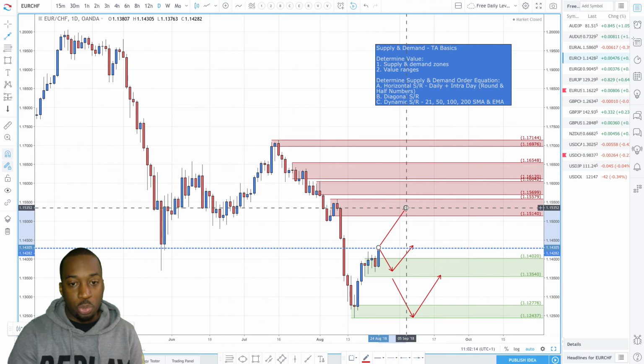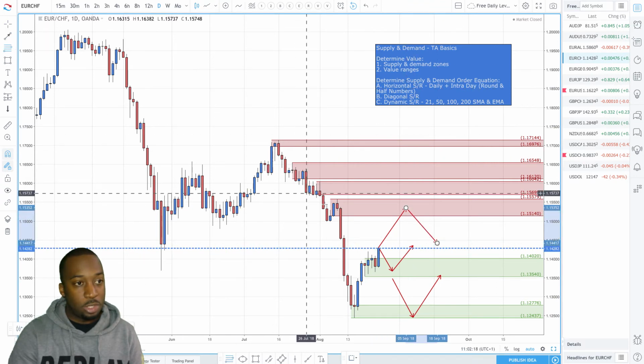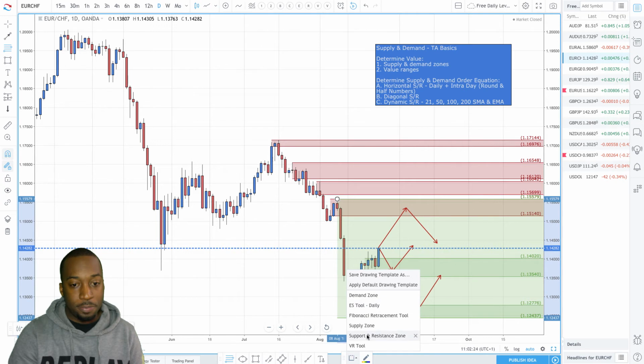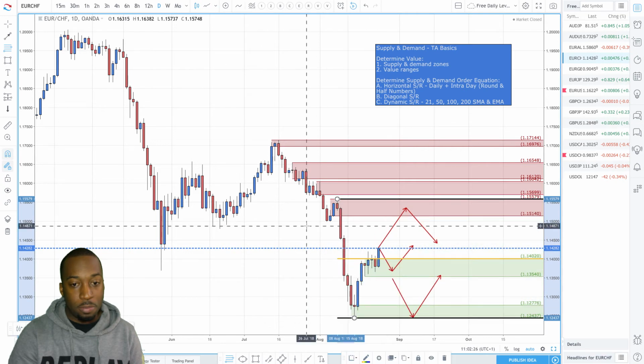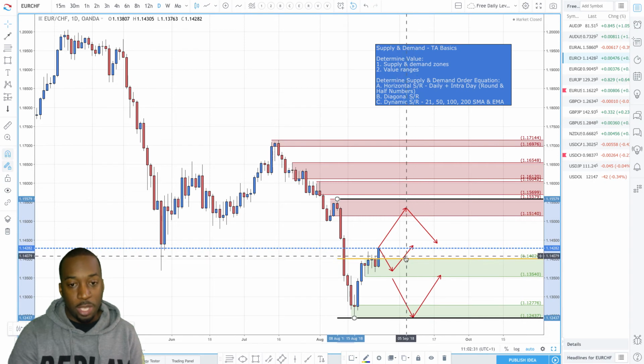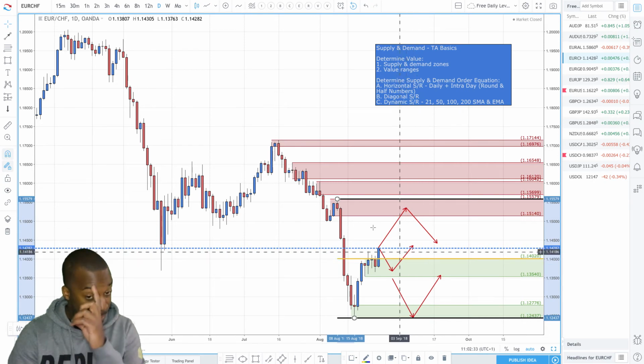If you're looking to get short, this would be the first area you're looking to get short on, right? So you'd be looking to get short here and potentially take profit around fair value.